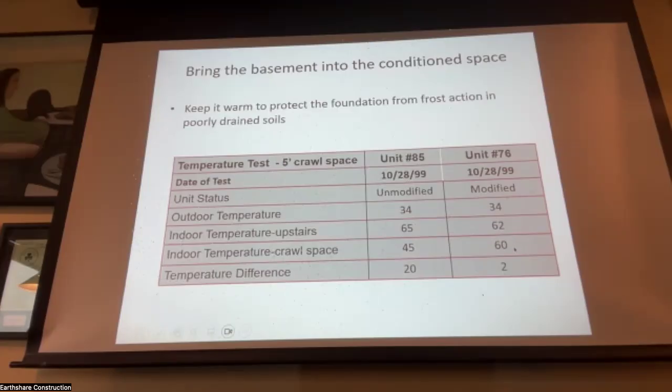So this was strictly ground source heat and through-the-floor heat loss into the crawl space. So that's no insulation on the bottom, R21 on the walls, and the floor was just subfloor, just plywood.